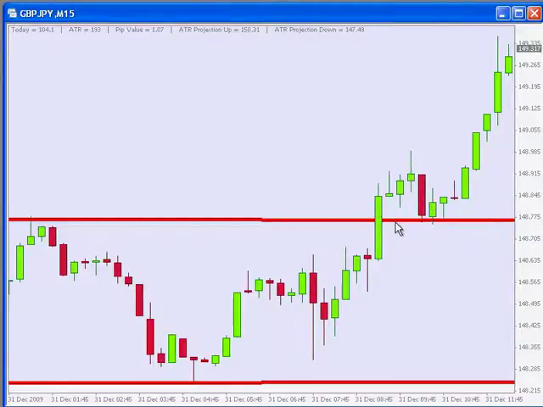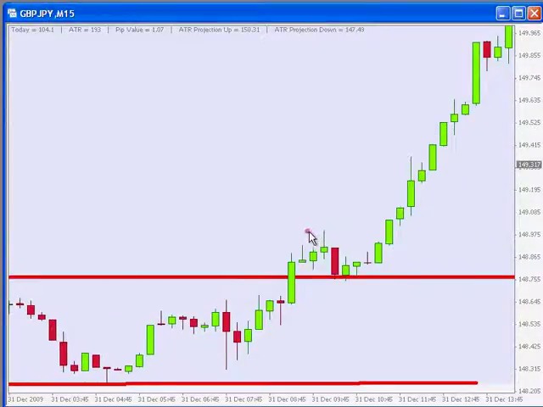So how do you go about entering this trade? Just a couple of pips above that level, that's where you place your order as soon as you see this breakout pullback pattern. You simply place a buy pending order at that level.